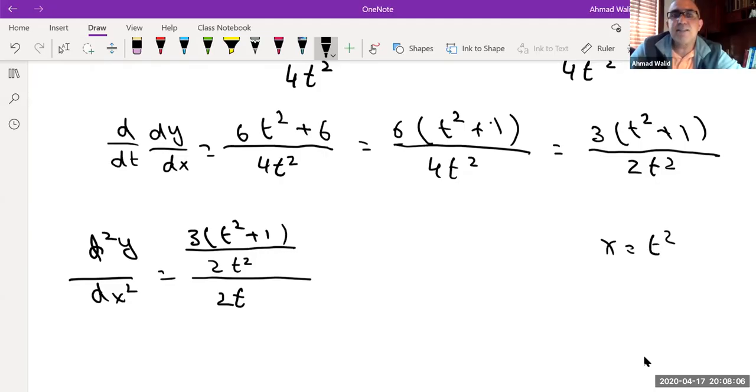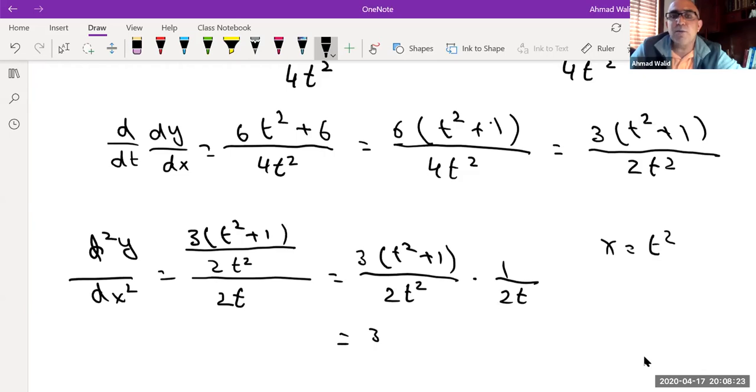Let's simplify this. It equals 3 times (t squared plus 1) over 2t squared times, flip this one, 1 over 2t, which you end up with 3 times (t squared plus 1) over 4t cubed, my second derivative.